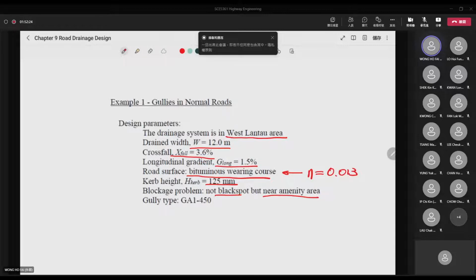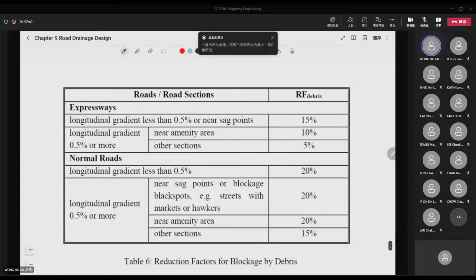And then for the blockage, it's actually near amenity area, and then it is not the black spot. Then we can take a look. It actually is the normal road, and then the gradient is 1.5%. So for here, we can take a look at the reduction factor for the debris.